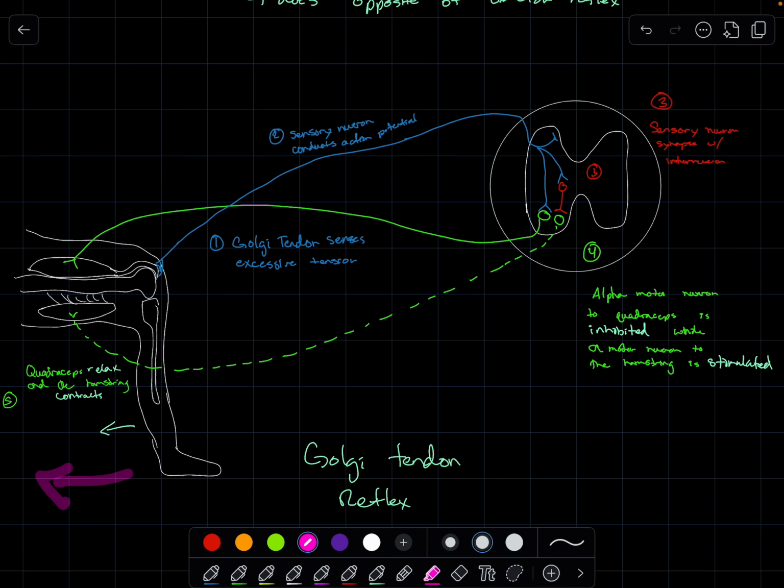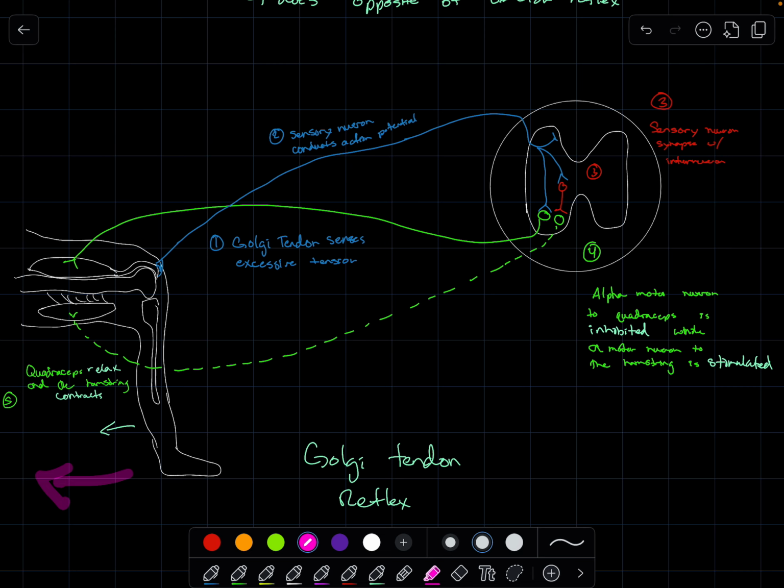Usually the Golgi tendon reflex allows us to protect our bones from being ripped apart by our muscles. So if there's excessive tension, if we're extending really hard, the Golgi tendon organ will actually combat that response and force the leg into flexion.